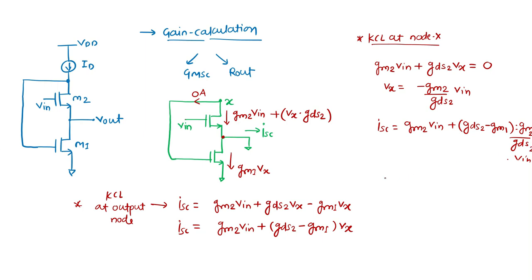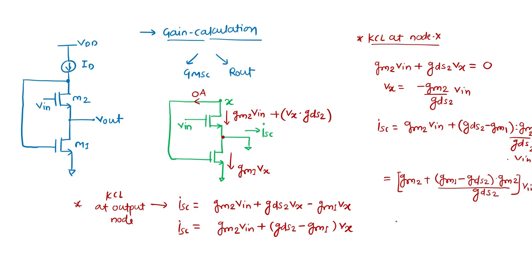We can solve it. The negative sign is taken inside, so it is GM1 minus GDS2 into GM2 divided by GDS2, and Vin is completely outside of it.